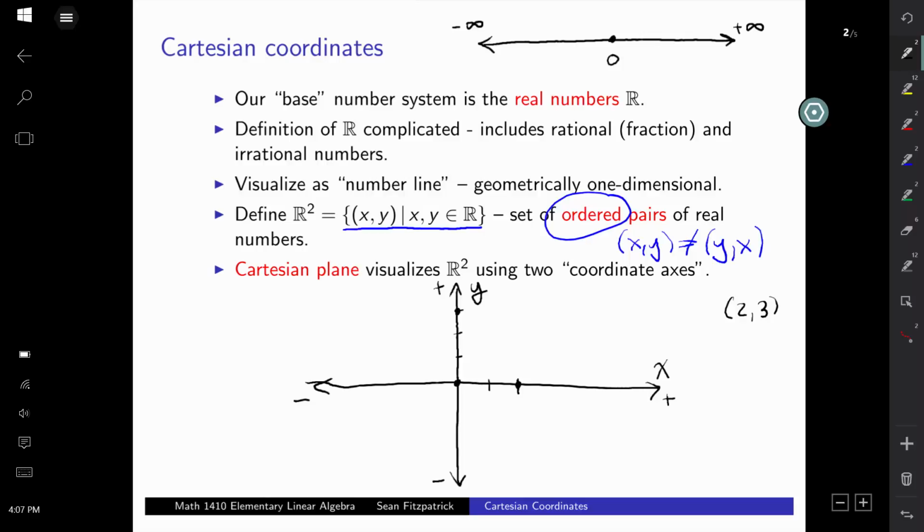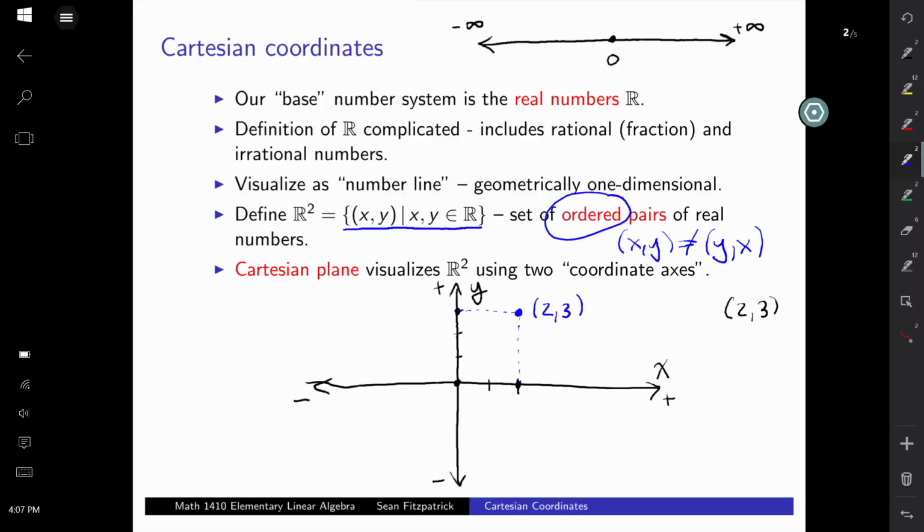But the way you actually identify that point is you've got three of the four corners of a rectangle, so you complete this rectangle, and that remaining corner of the rectangle, you mark that spot and label that as the point (2, 3). So you think of these two numbers 2 and 3 as giving you the measure of how far away that point is from each of the two axes, right?